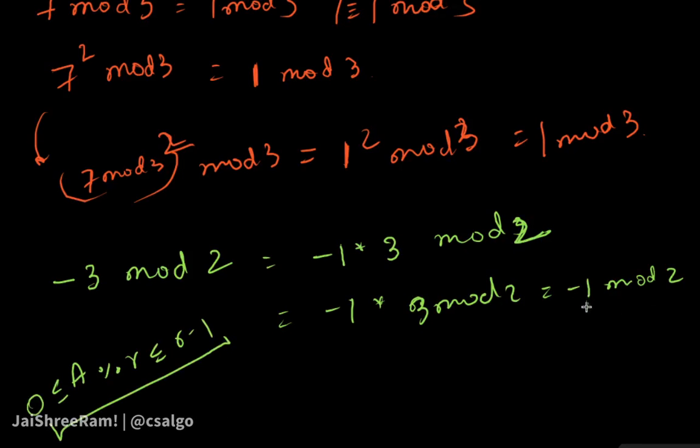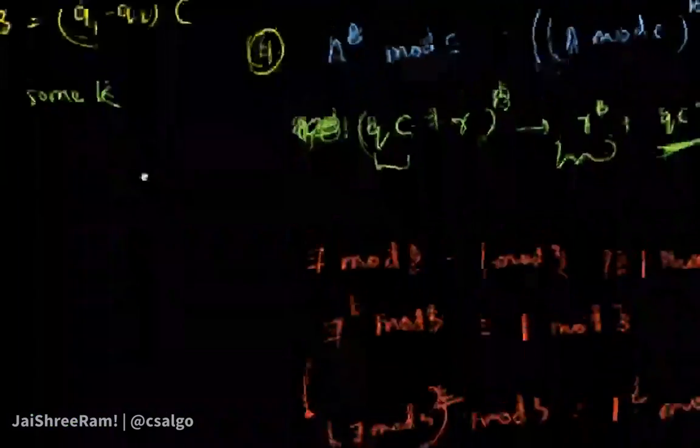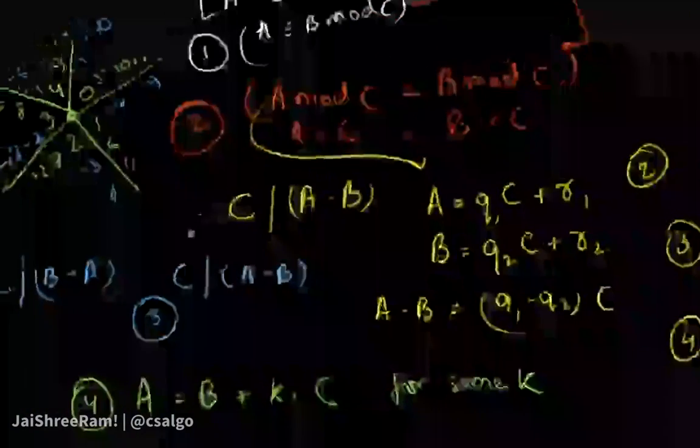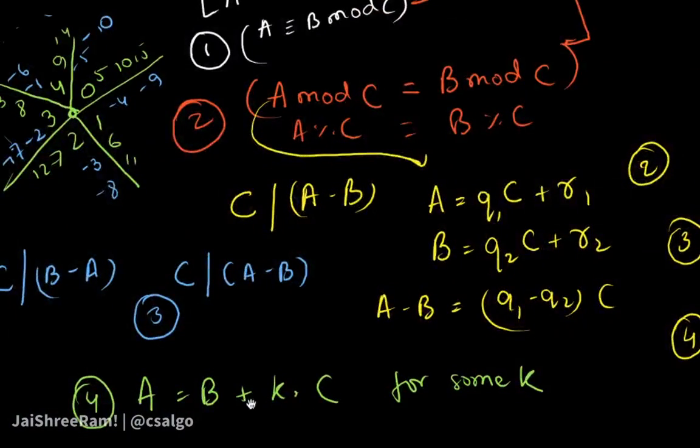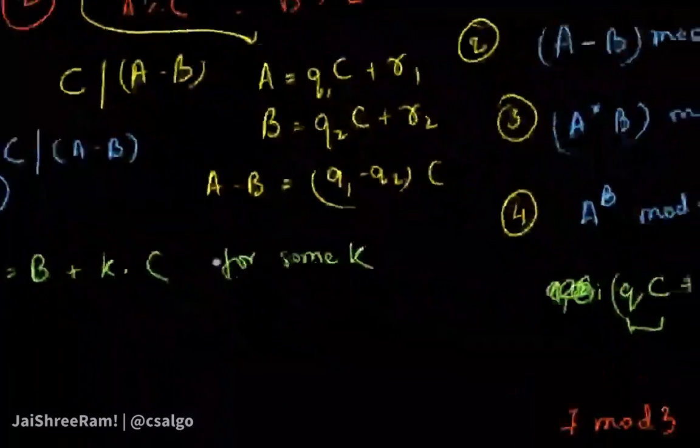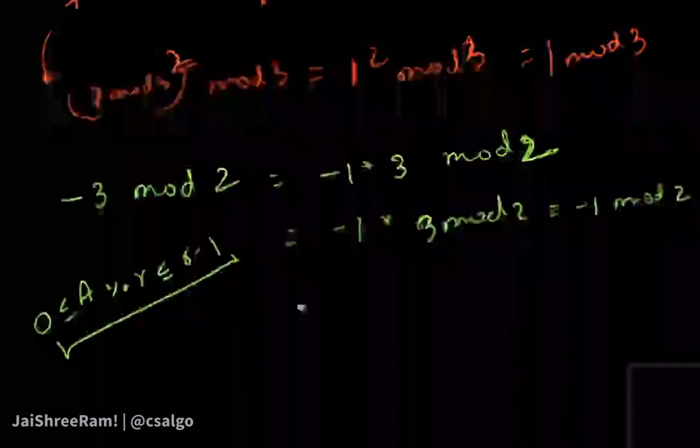Now there is this property that a and b are congruent if you add k times c to it. Even if you add some k times c, the numbers remain congruent.